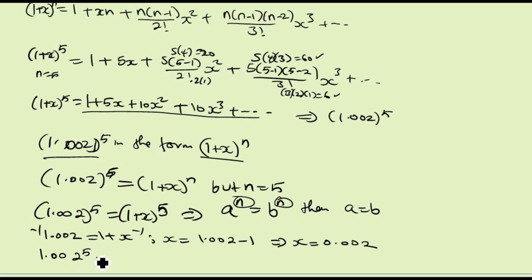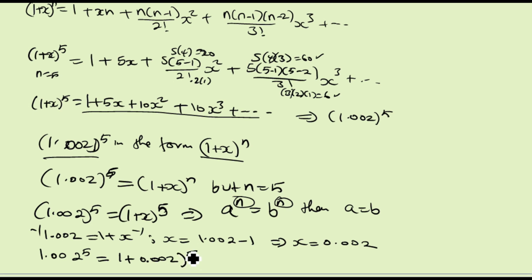Therefore 1.002^5 is the same as (1 + 0.002)^5.